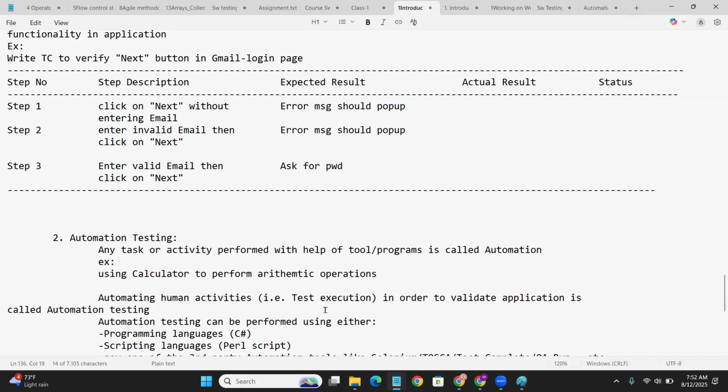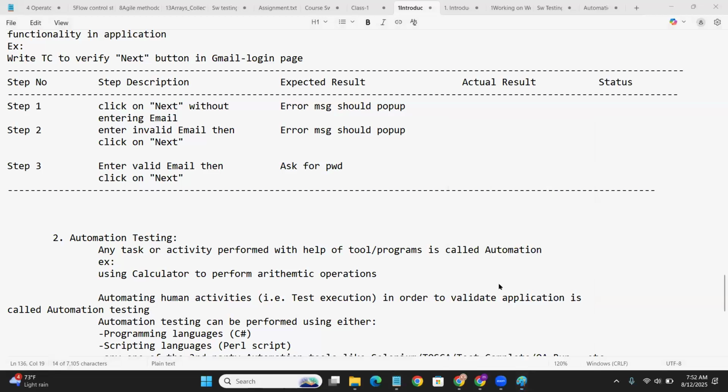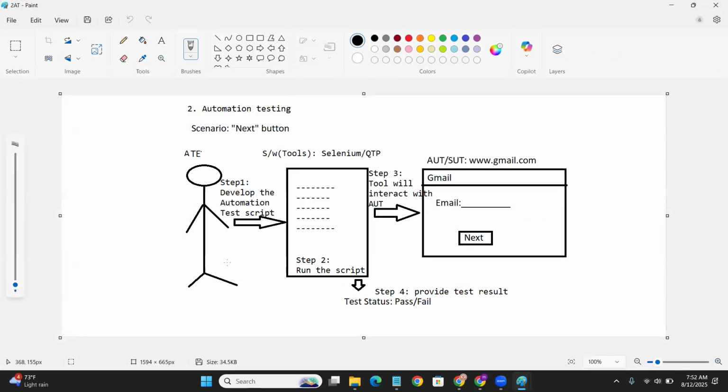Then automation testing. In automation testing, we do not directly interact with the application. What we do is use some tool. What is the tool here? We can use Selenium, or QTP, or Tosca, or Playwright, or the WinRunner tool, like this.